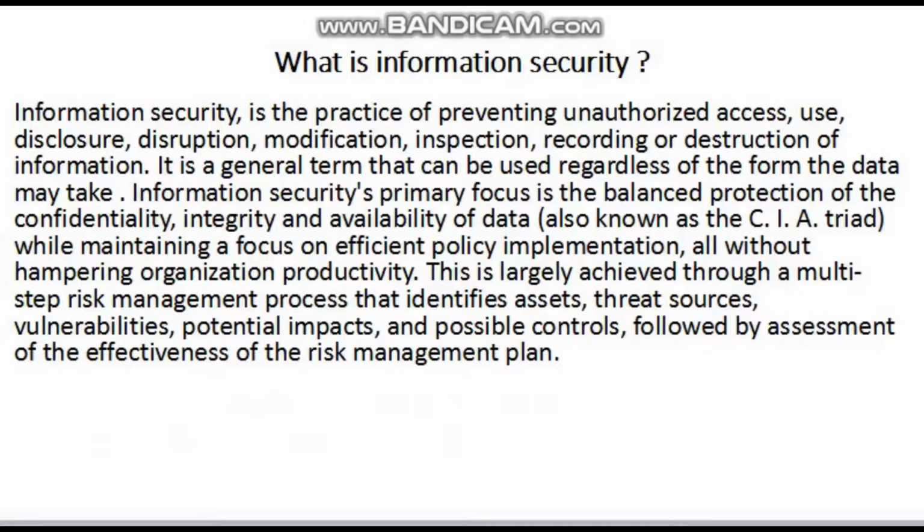Now, a question arises. What are we actually protecting? Well, that's an important question to ask. We are protecting information, but information here refers to both data as well as information.